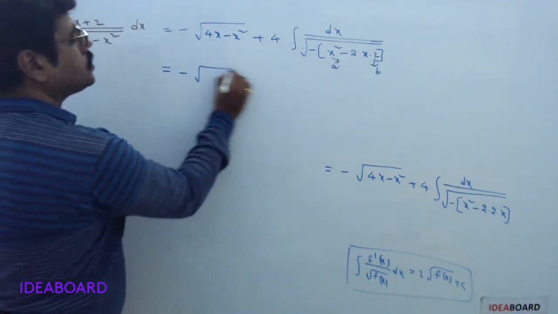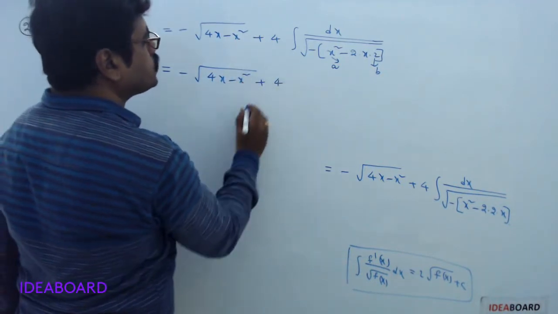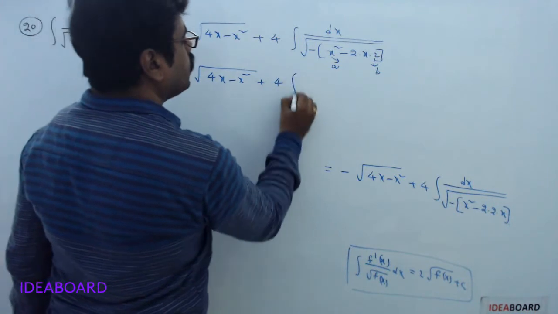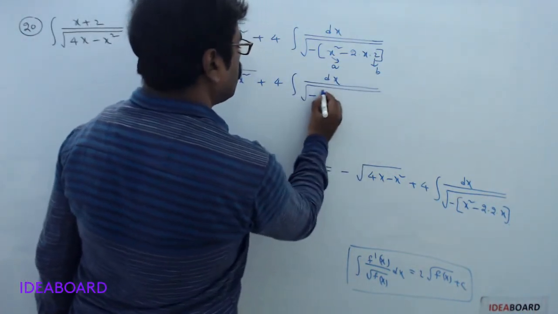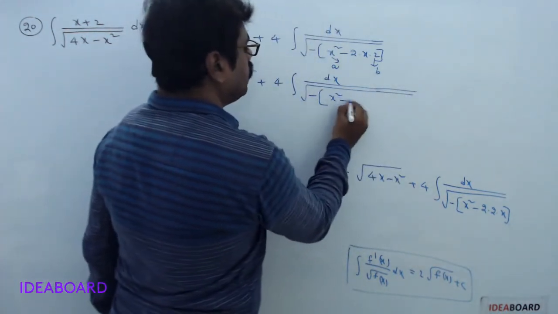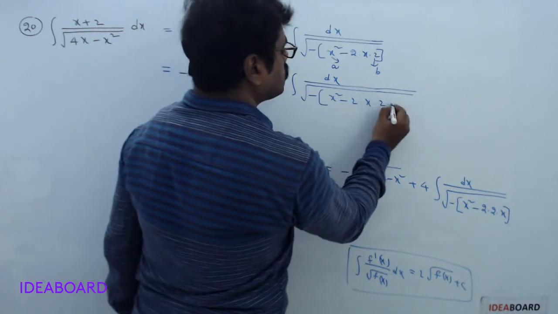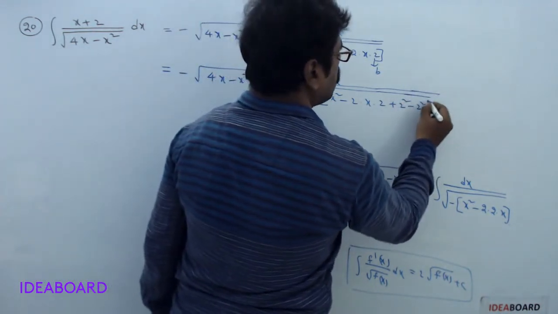Now this is minus square root of 4x minus x square plus 4 into integral dx divided by square root of minus x square minus 2 into x into 2 plus 2 square minus 2 square.